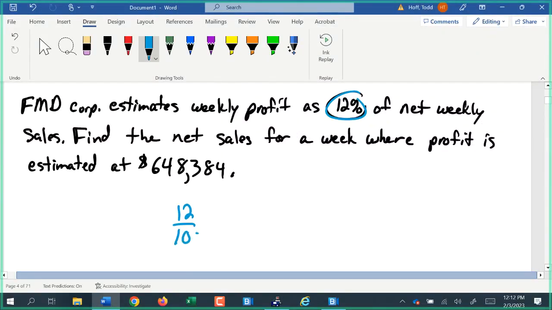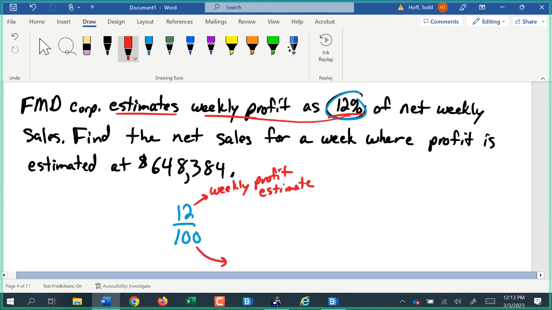12 out of 100. But before we proceed, let's look at what each of those numbers, the 12 and the 100 in that ratio, represent. The 12% is the weekly profit. More specifically, it's the estimate of the weekly profit.